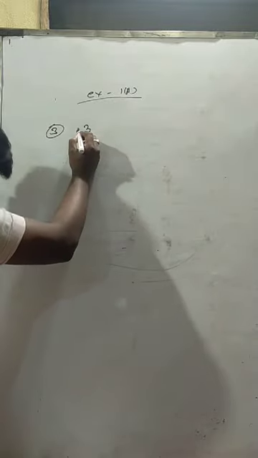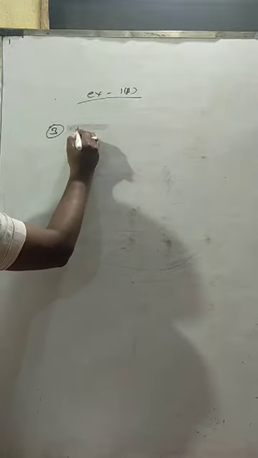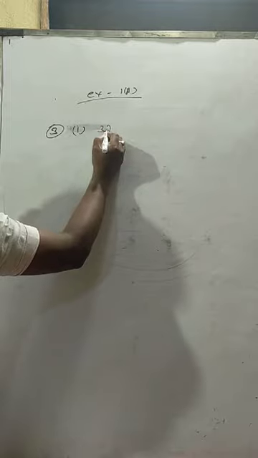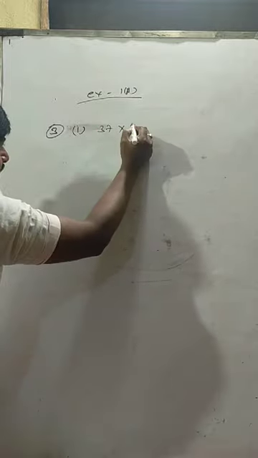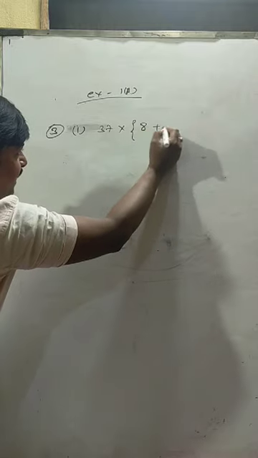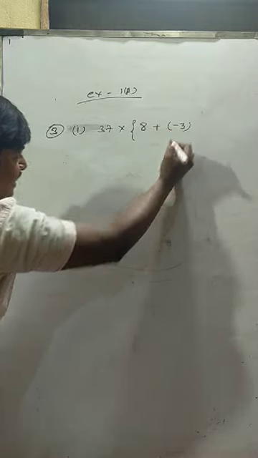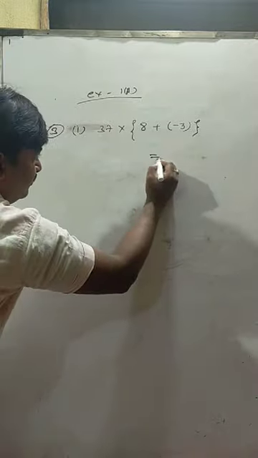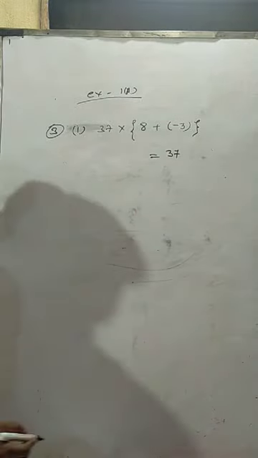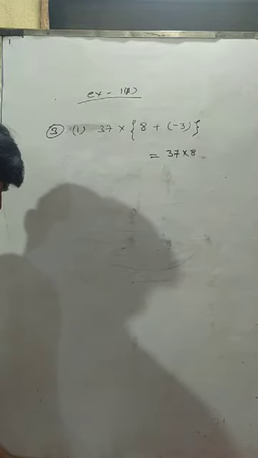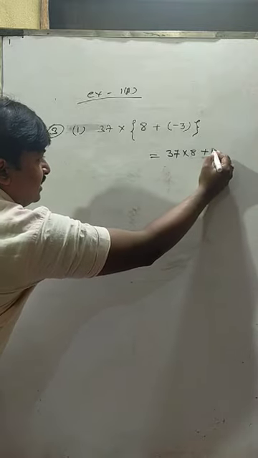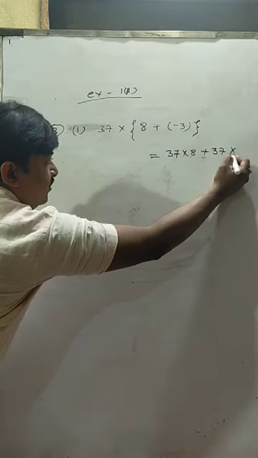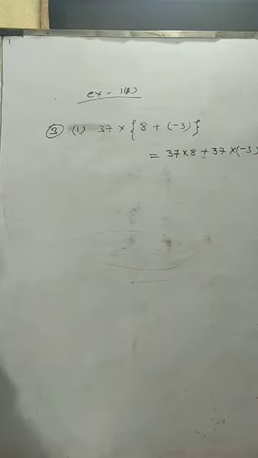The first question of 3 is 37 × {8 + (−3)} is equal to 37 × 8 + 37 × (−3). The curly bracket is called a brace, and the small bracket is a parenthesis. We have to find the values of both sides.